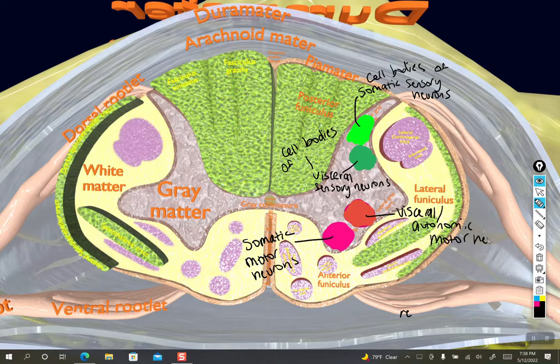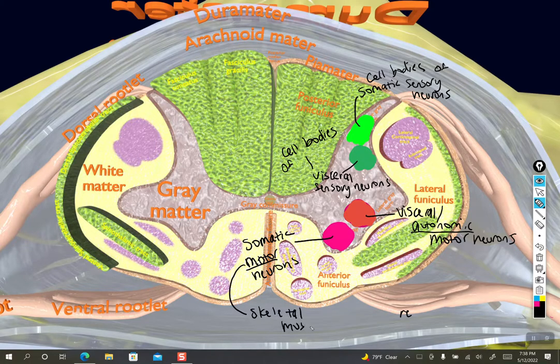And so just to give you a quick little reminder, connecting the identification lab stuff with lecture stuff, somatic motor neurons are going to be innervating skeletal muscle. And that's the effector of the somatic nervous system.